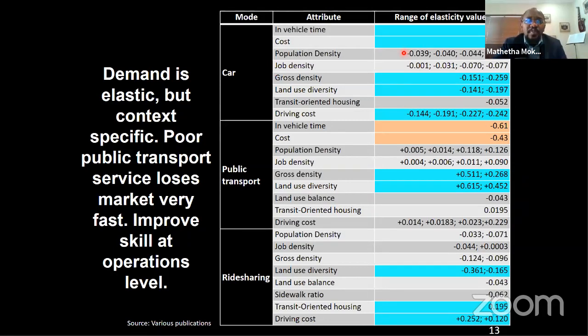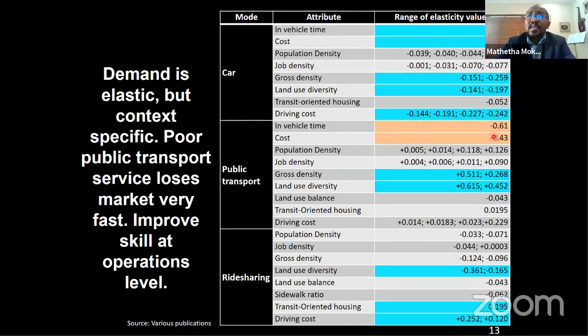And this is different studies compiled, but what is of significance is public transport. What you begin seeing is that the moment in-vehicle travel time increases, the drop in demand changes quite drastically. The cost changes, the demand changes quite drastically. But of course, some of the studies are taken in areas where individuals have a choice.